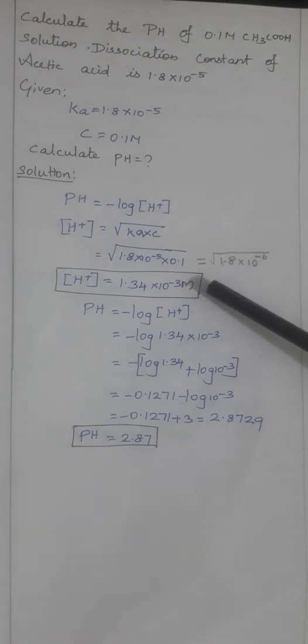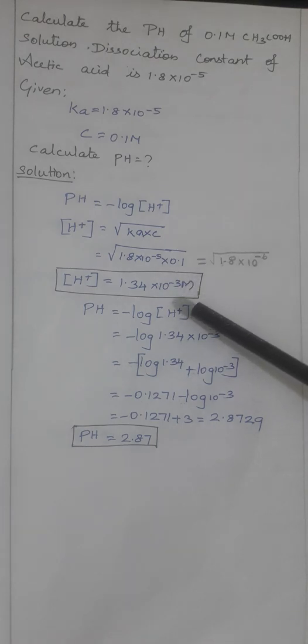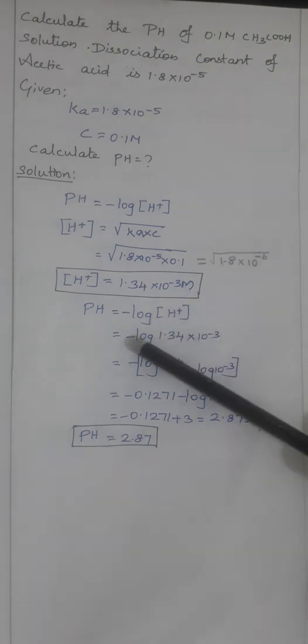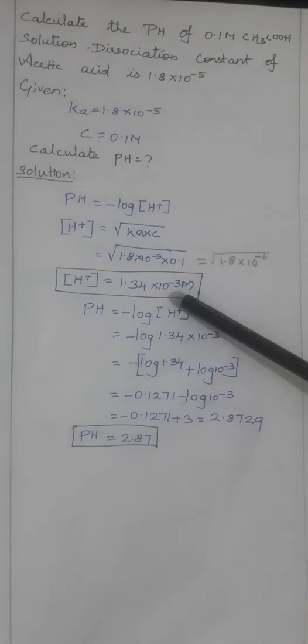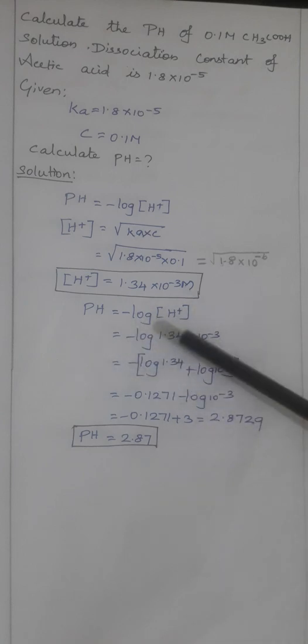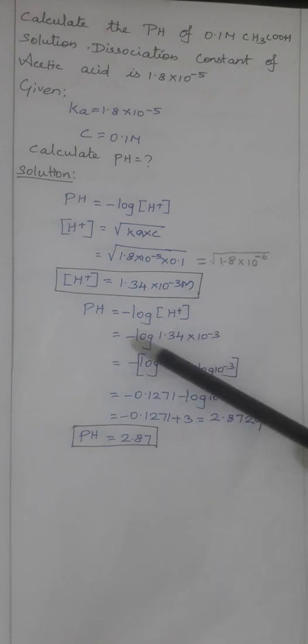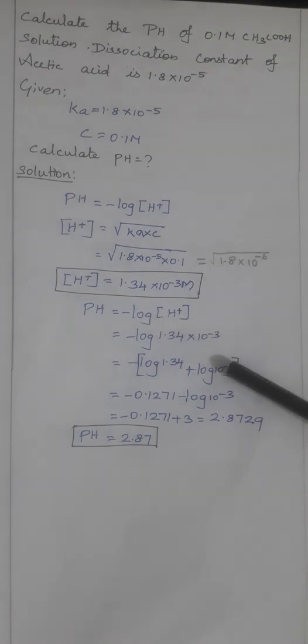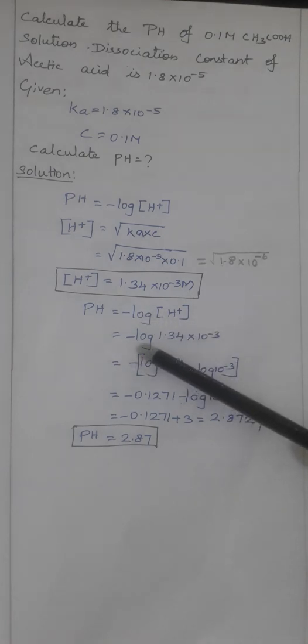Apply this value in the formula pH equal to minus log of H plus concentration. H plus concentration is replaced by 1.34 into 10 power minus 3. Minus is taken outside, and log is common for both: minus of log of 1.34 plus log of 10 power minus 3. These values are multiplied by minus.